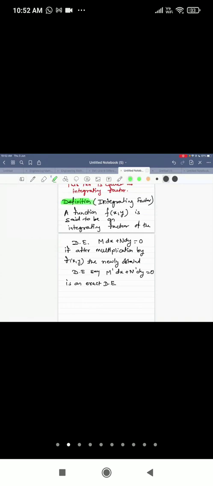Just remember, we will use the abbreviation IF for integrating factor. So after multiplication, it should be exact.